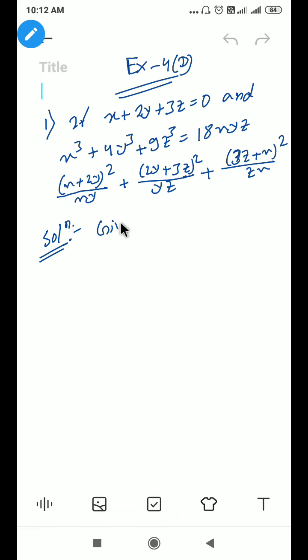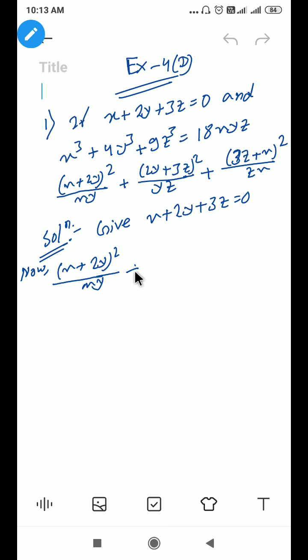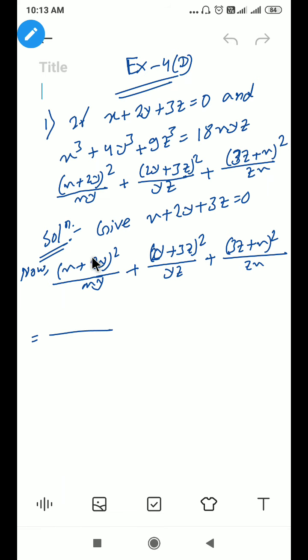Here it is given that x + 2y + 3z = 0. Now you have to find the value of this expression. Which values are given? x + 2y's value is given.